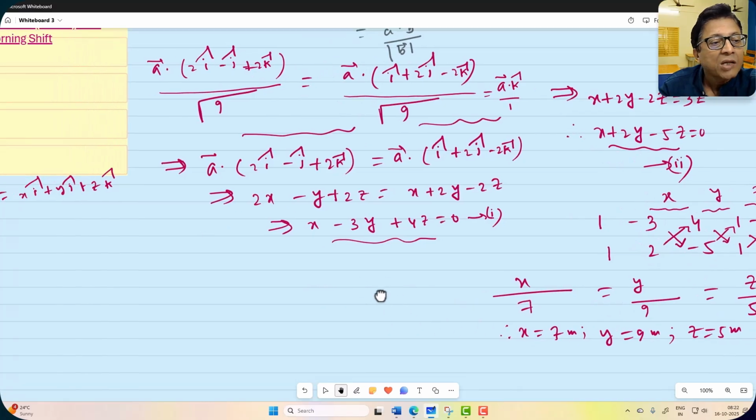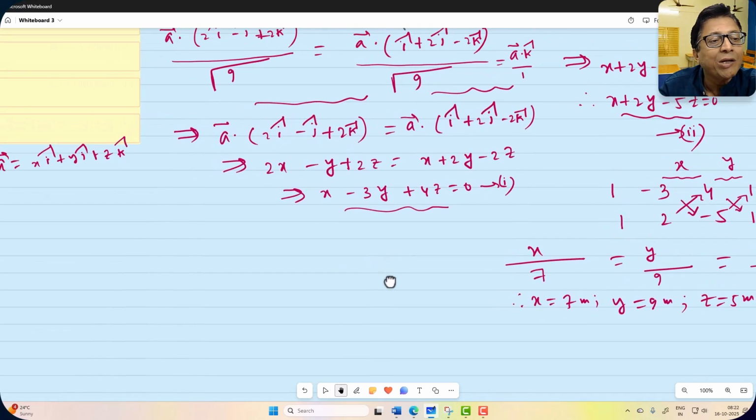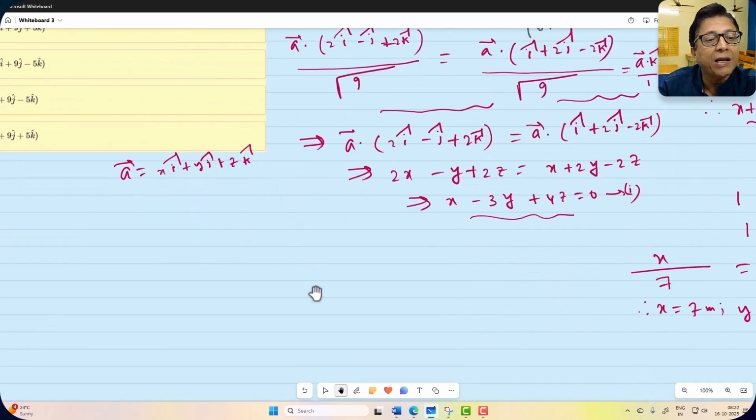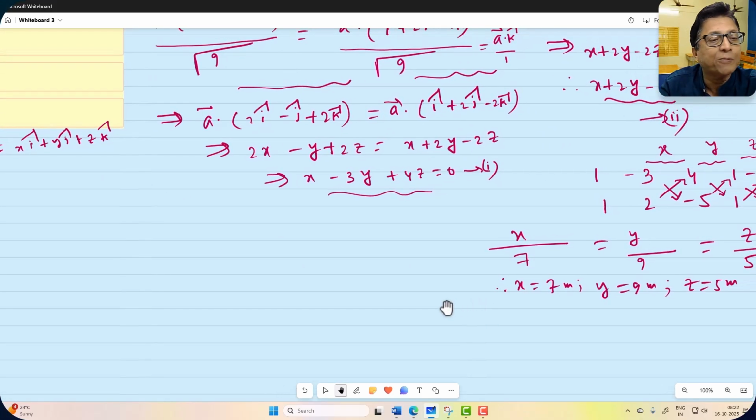Okay? Now the vector A is this, so the required unit vector we have to find. The question is, find the unit vector along A. I got the components of A in this form.